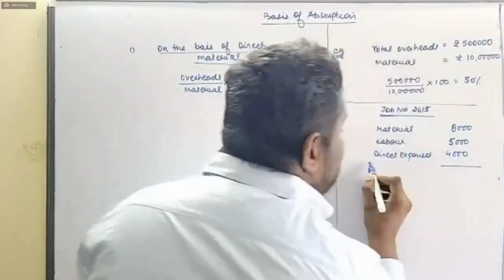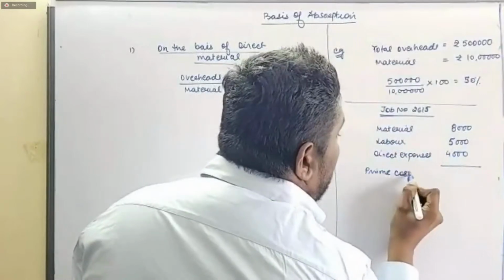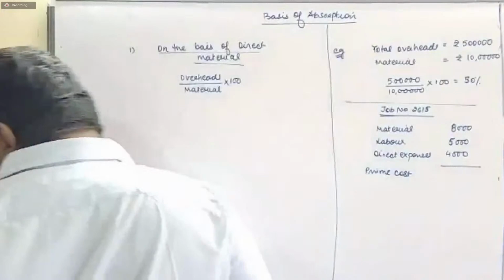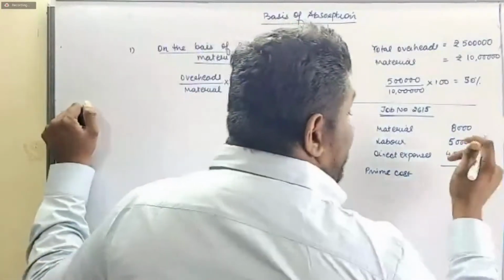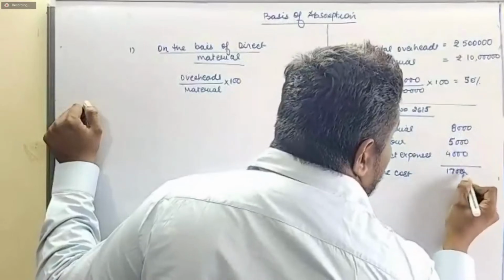So my prime cost will be how much? 8 plus 5 is 13, plus 4, 17,000.